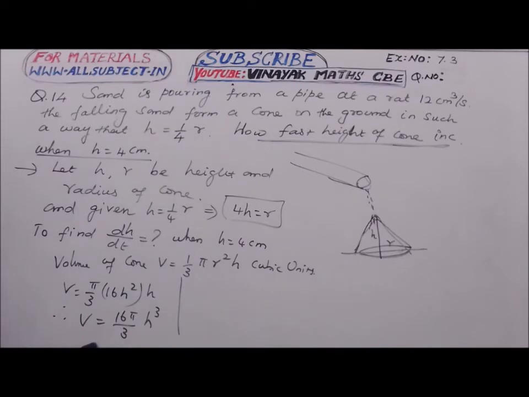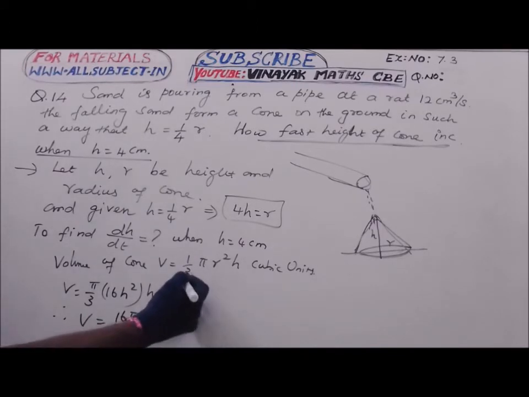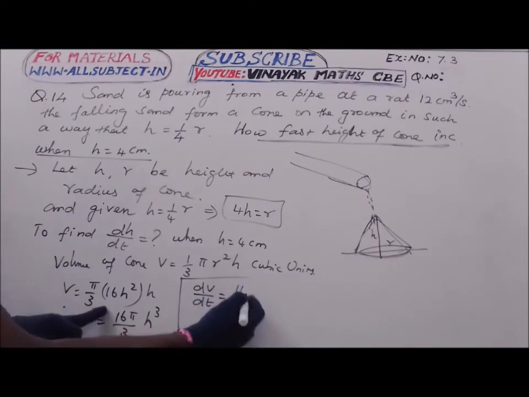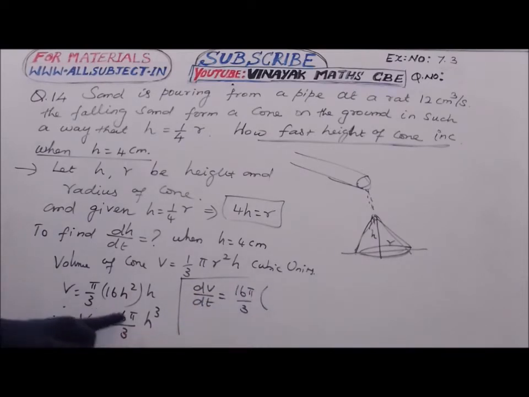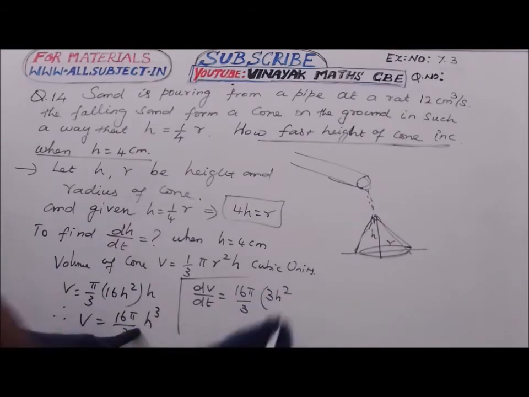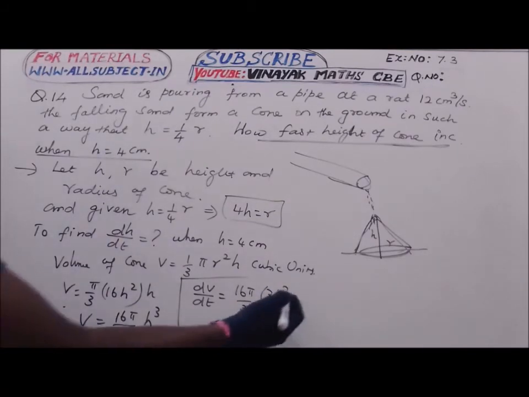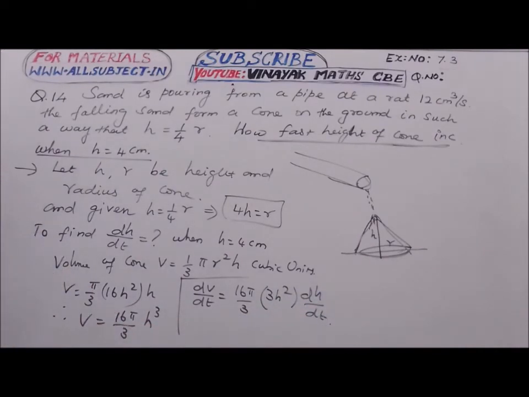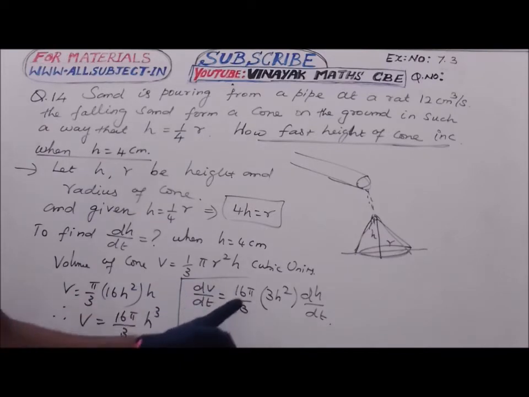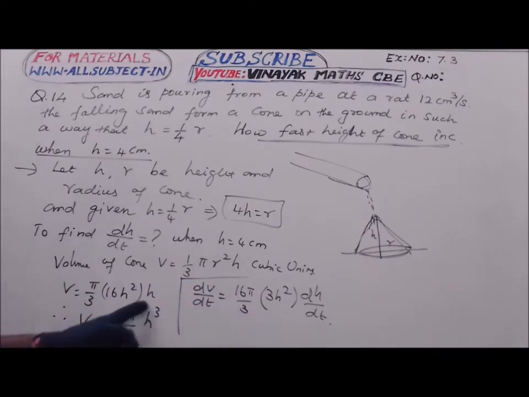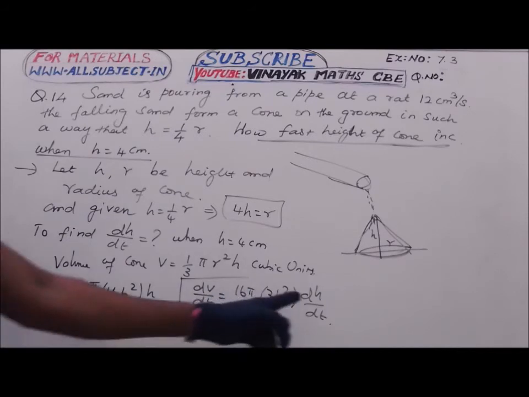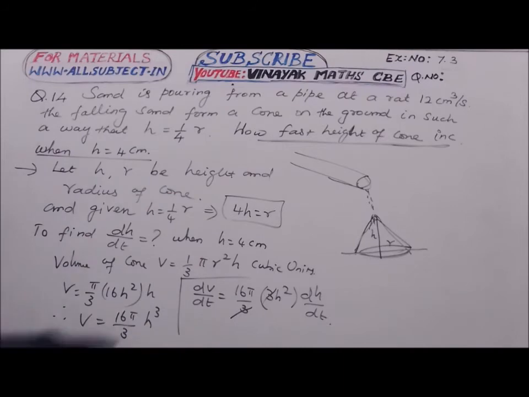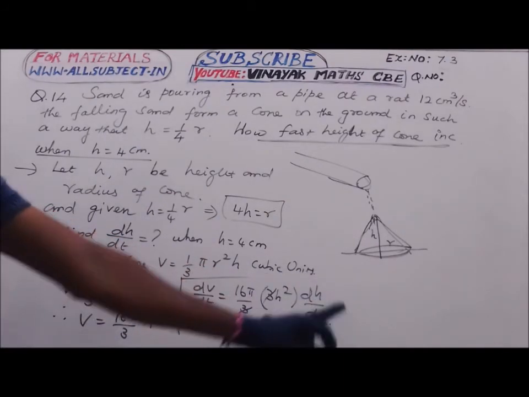Now differentiating V with respect to time t, we have dV by dt equal to 16 pi by 3 into h cube, derivative of h cube is 3h square into dh by dt. We can cancel 3. The remaining is dV by dt equal to 16 pi h square into dh by dt.